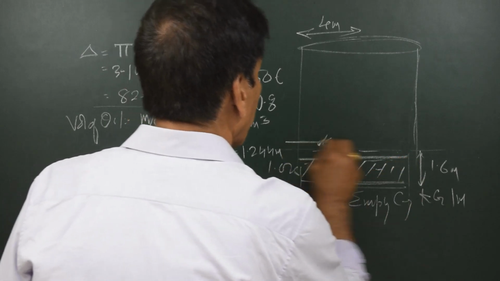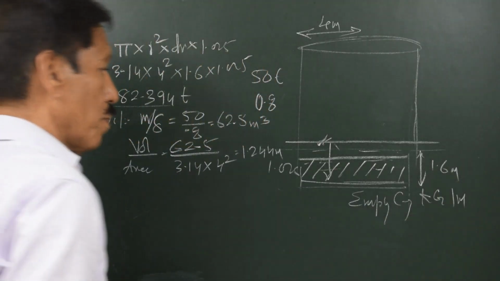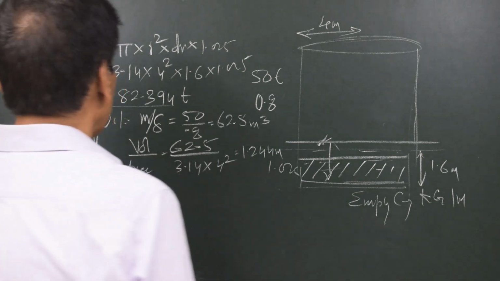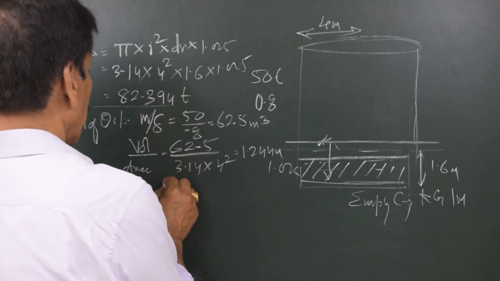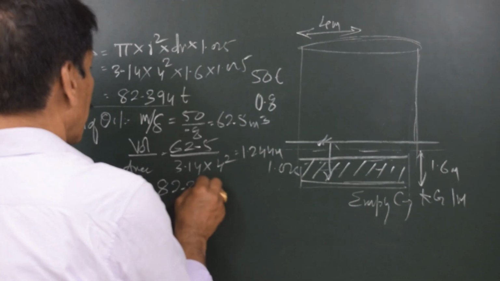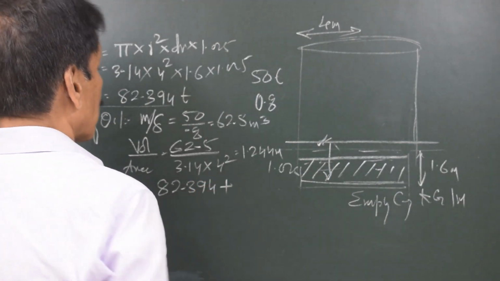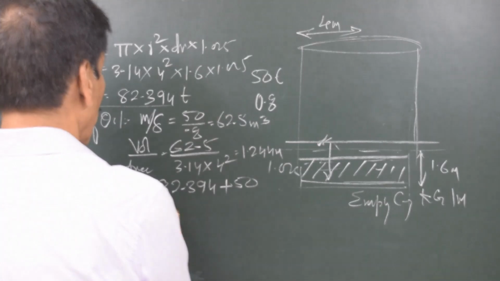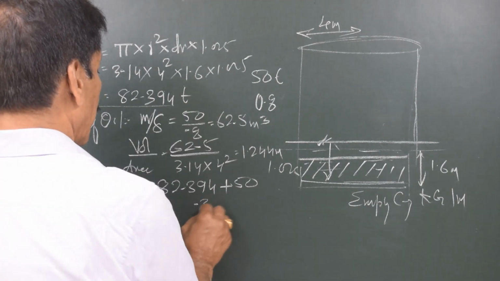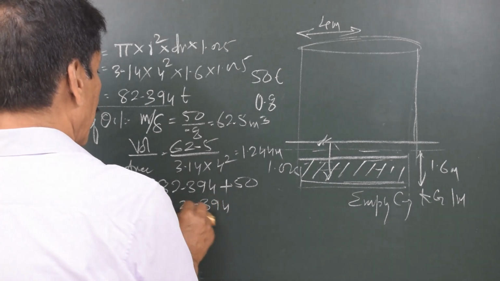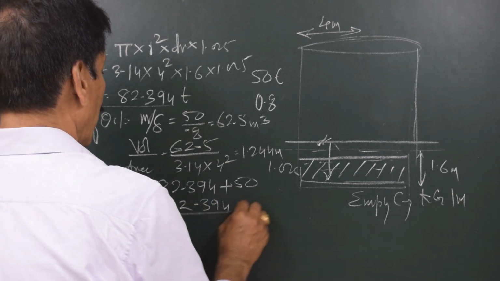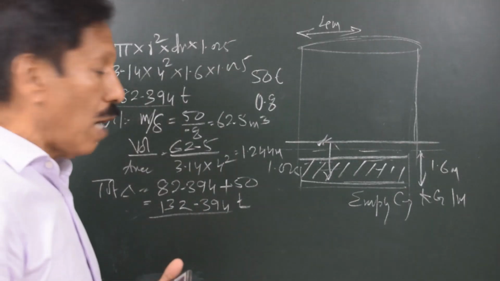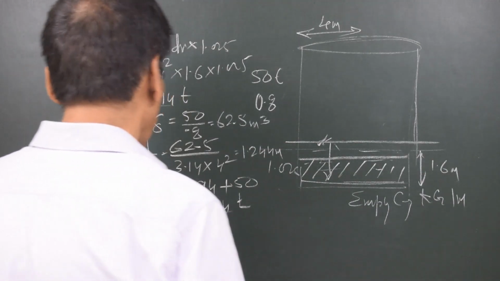So this is going to increase the draft of the vessel. So total displacement is going to be the initial displacement, 82.394, plus the weight of oil, that is 50. So total displacement is 132.394 tons. If I want to find out the draft, it's a very simple procedure.